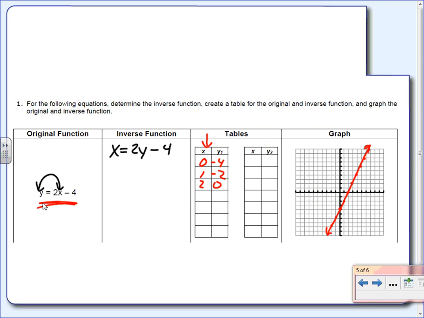All right, so we got x is equal to 2y minus 4. The first thing I need to know is, what do I do first? All right, so Christina, what do I need to do first? I want y by itself. So what do I do first? I want this y right here to be all by itself.